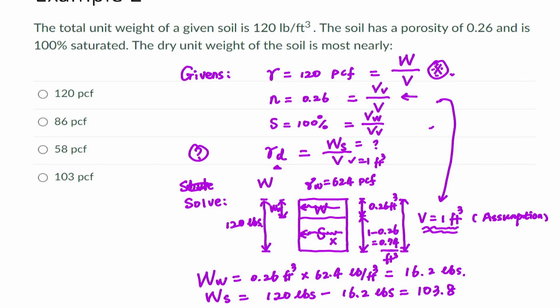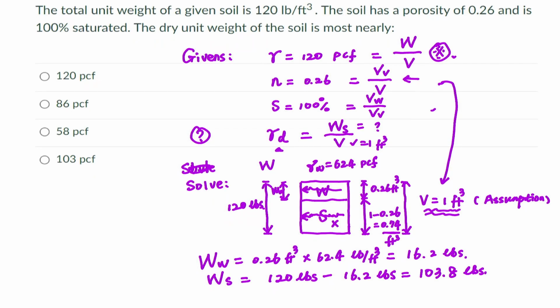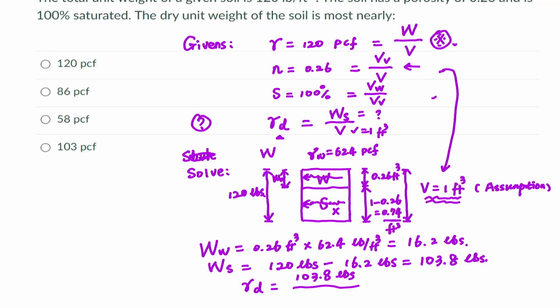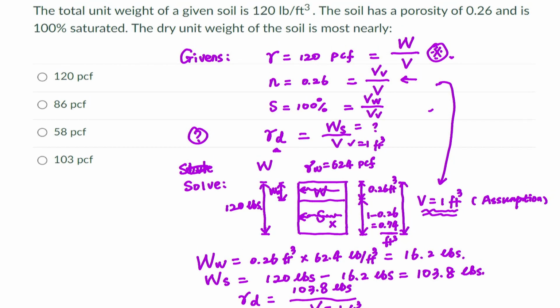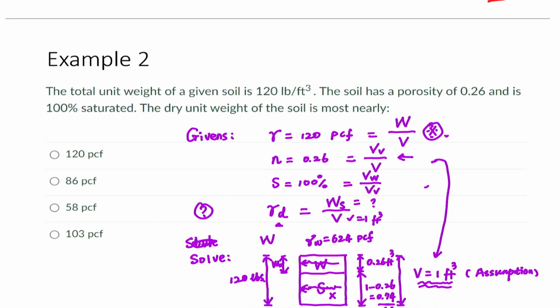So we have 103.8 pounds. And with that, our gamma D would be 103.8 pounds over the total volume, which is 1 cubic foot. So we're looking at a dry unit weight of 103.8 PCF. So that would be our answer.